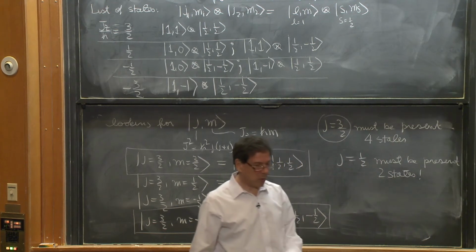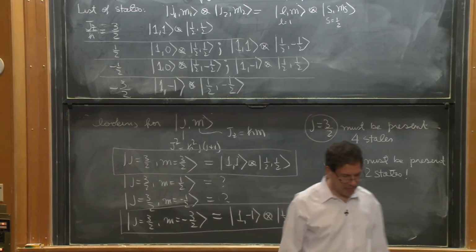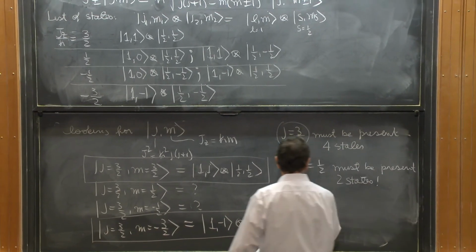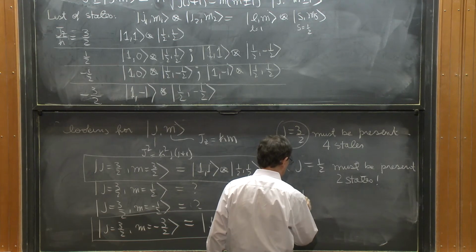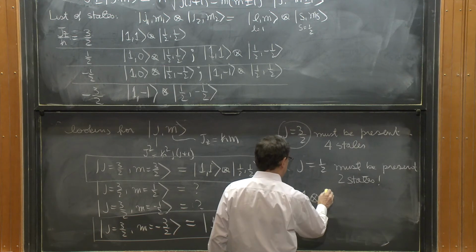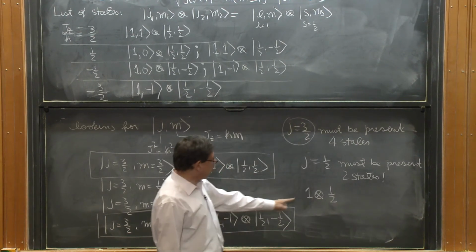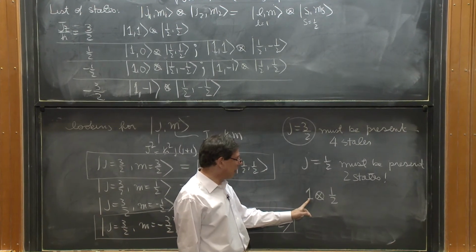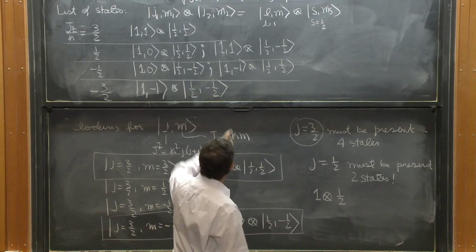So what we are saying mathematically is written in the following way. We say that L equals 1, which is 1, tensor S equals 1/2. The 1 here doesn't mean the number 1, it means L equals 1, tensor with S equal to 1/2, what we've been doing.